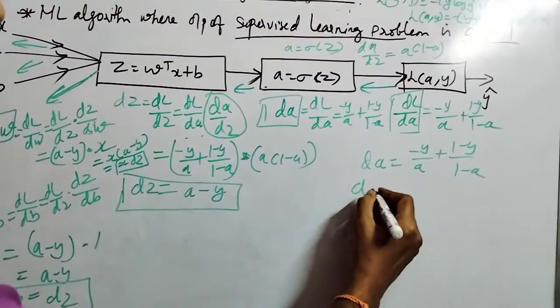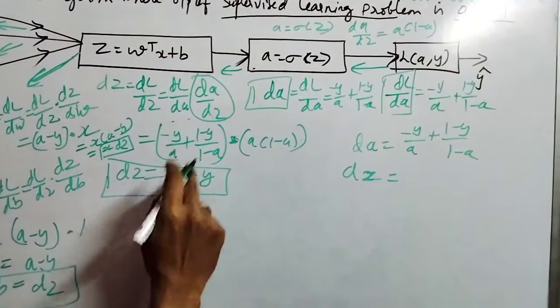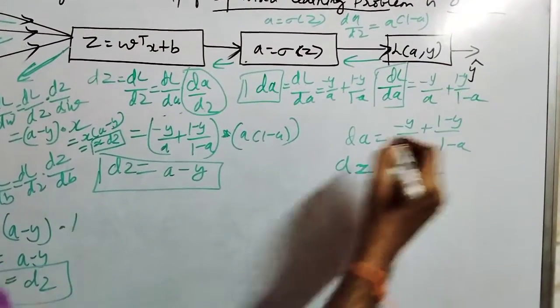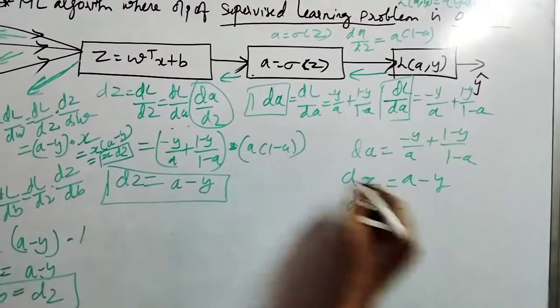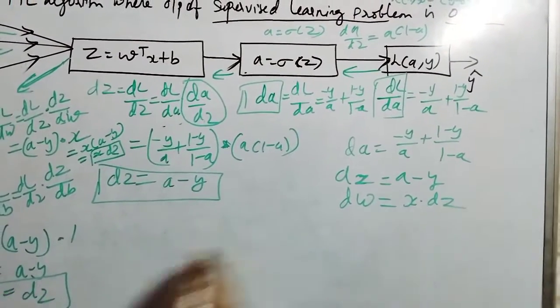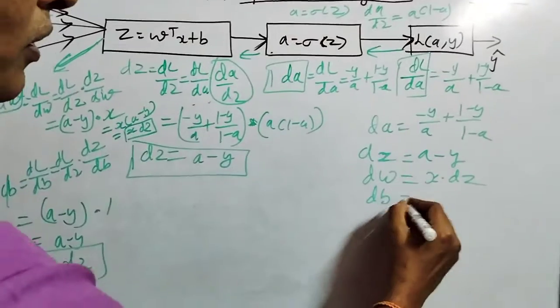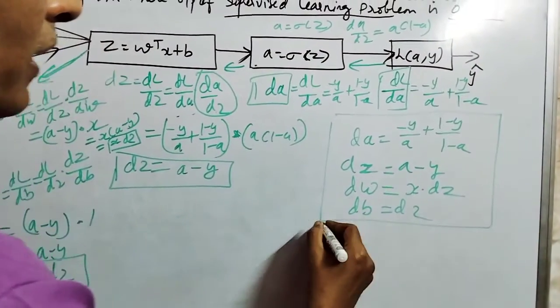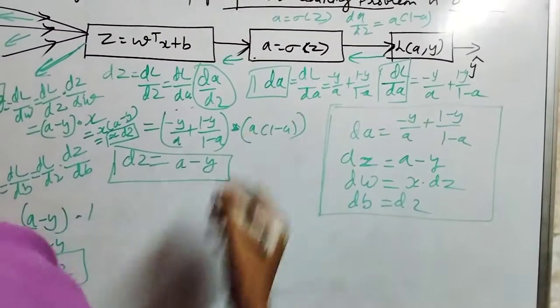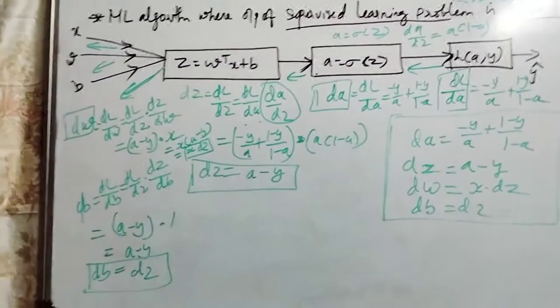Then using that we have derived dz, where dz is equal to a minus y. Then we have derived dw, which is x into dz, and db, which is equal to dz. So this is how we can back propagate in this logistic regression.